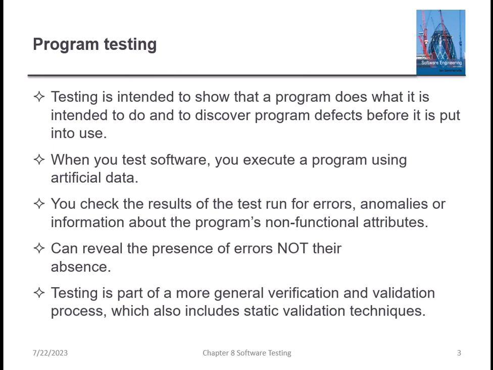Testing can reveal the presence of errors, not their absence. This means the best testing will be the one that discovers more and more errors. If we cannot discover any error, this means the testing was not conducted well. So the purpose is not to hide the errors, but rather to discover them.